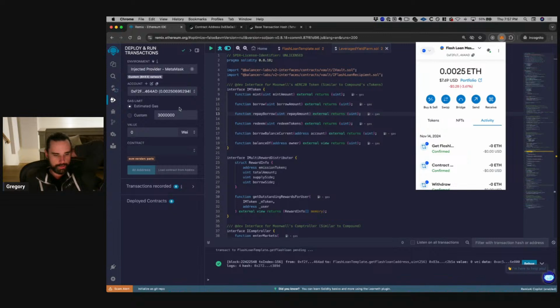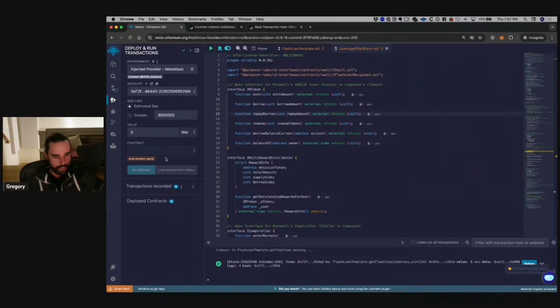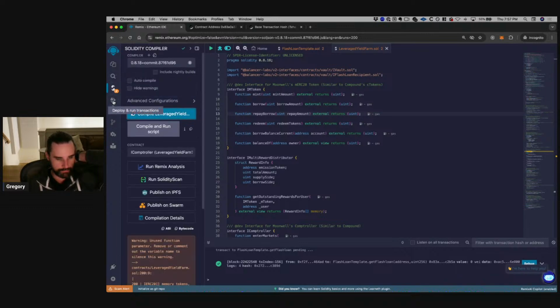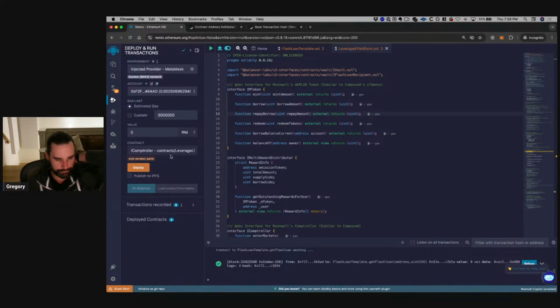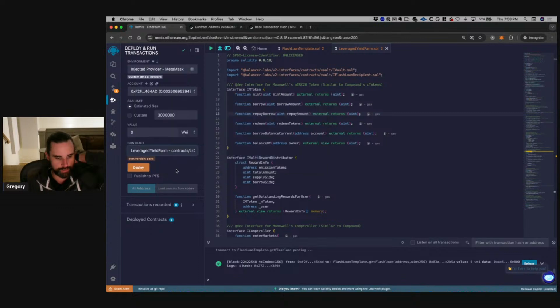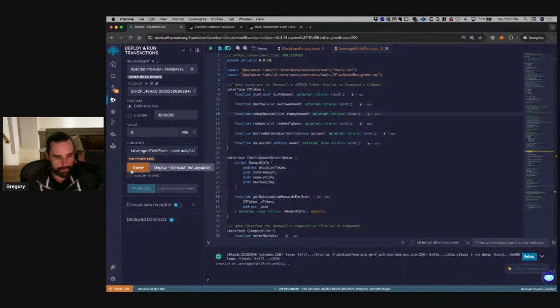And then you're going to deploy the contract. So we're going to select the contract, which it won't show me for some reason. I think I forgot to click compile. Okay, I did. So select leverage yield farm. It might have something else selected, so you need to make sure that you've actually selected leverage yield farm. And we're going to click deploy.